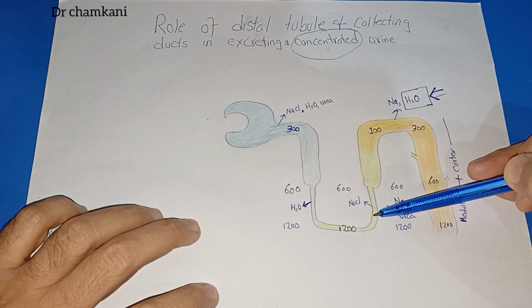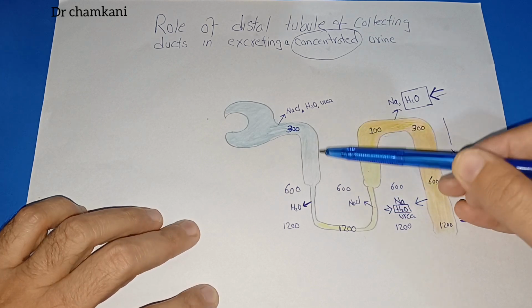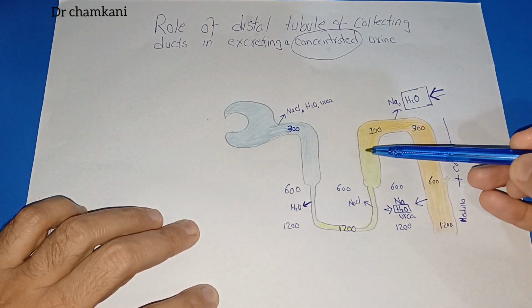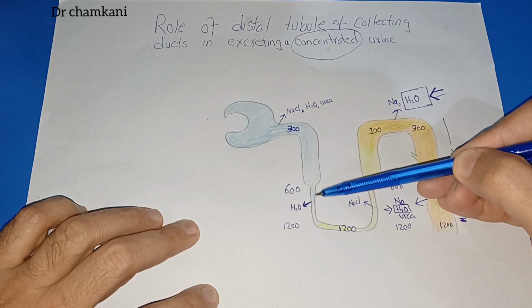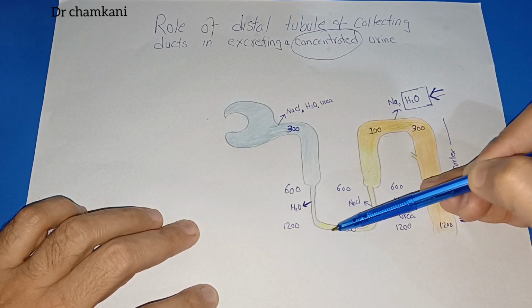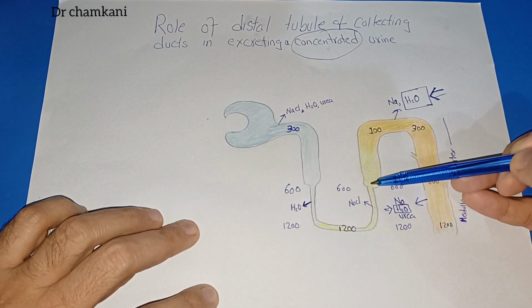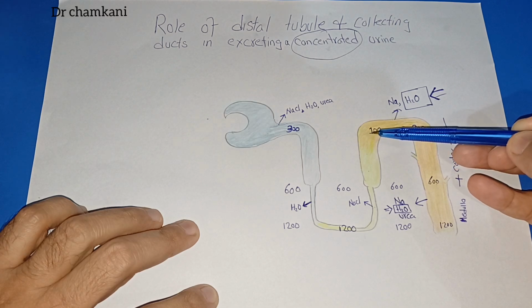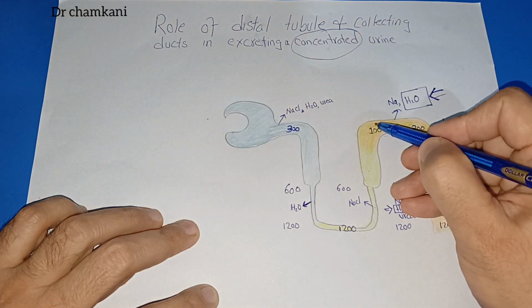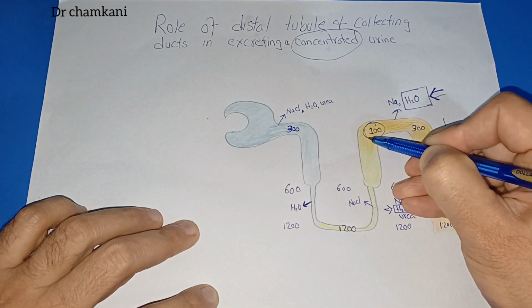Water is not easily reabsorbed from these two segments. So you can see that although a little bit of concentration of the urine has started here, when it comes to this segment, the fluid is still a little bit dilute.